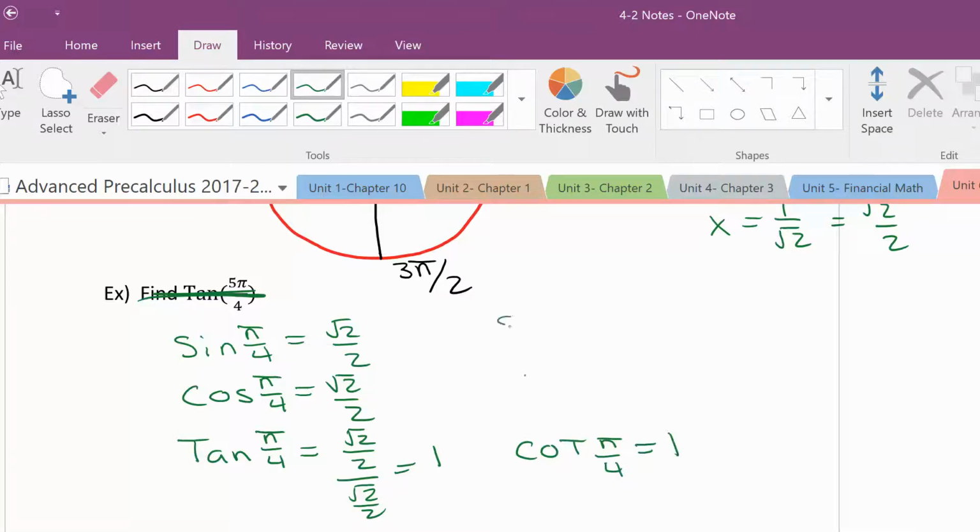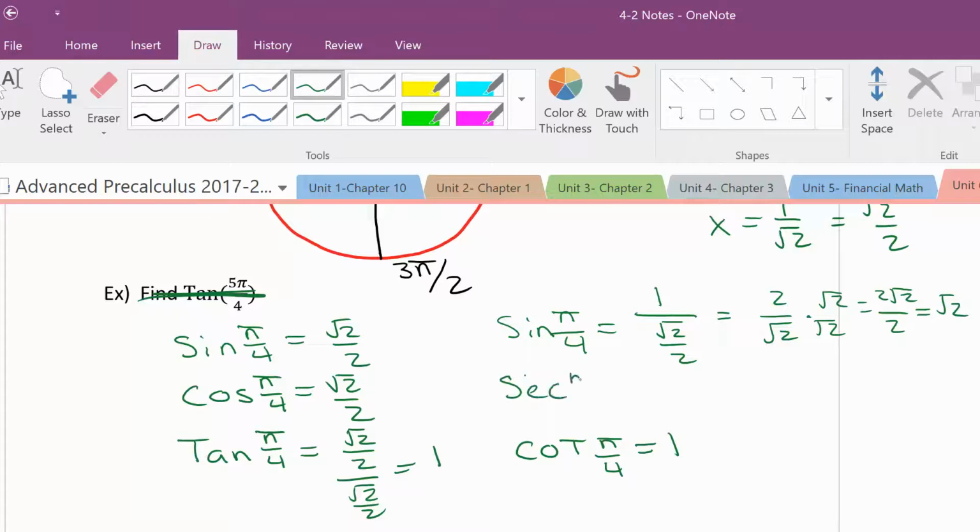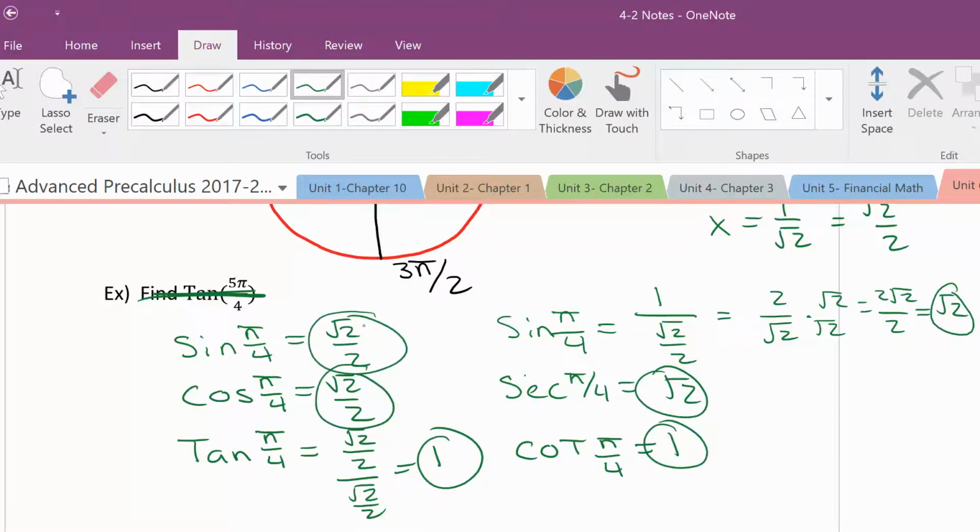The cosecant of pi over 4 is 1 over rad 2 over 2, which when you flip it, you get 2 over rad 2, which when you rationalize it, is going to give you 2 rad 2 over 2, which is rad 2. The same with the secant. So these are the values that you would want to memorize for pi over 4 angle.